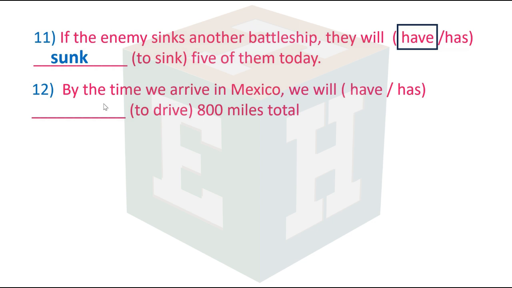Number 12. By the time we arrive in Mexico, we will has blank to drive 800 miles total. Answer. By the time we arrive in Mexico, we will have driven 800 miles total.